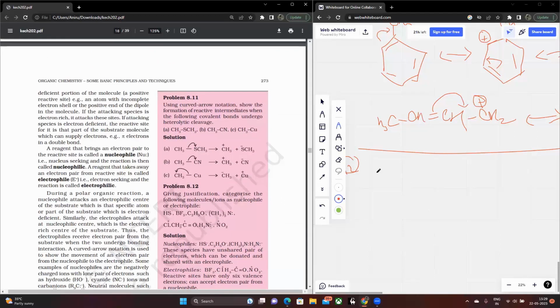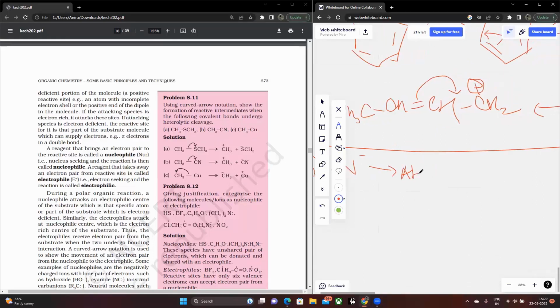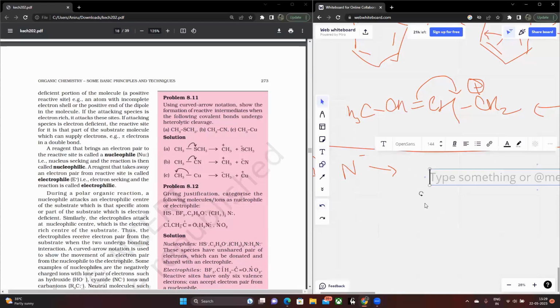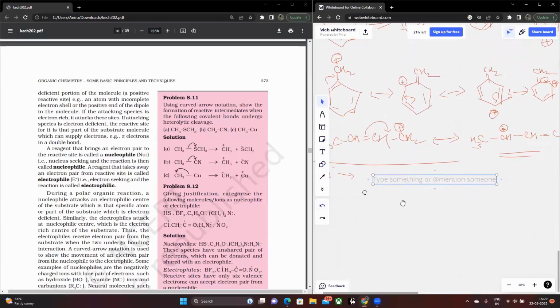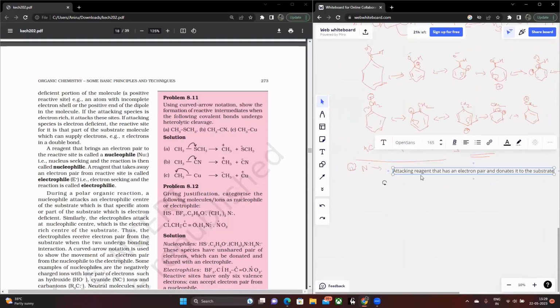So basically, if I have to write it down, instead of doing this, I'll write down as text, right? A nucleophile is an attacking reagent that has an electron pair and donates it to the substrate. That's a nucleophile, right?